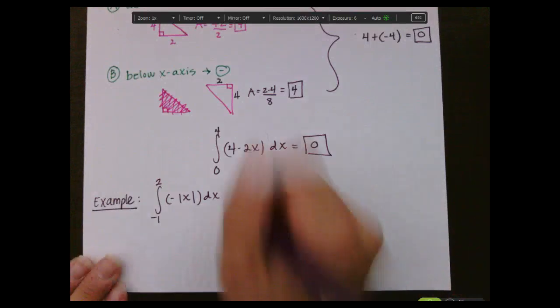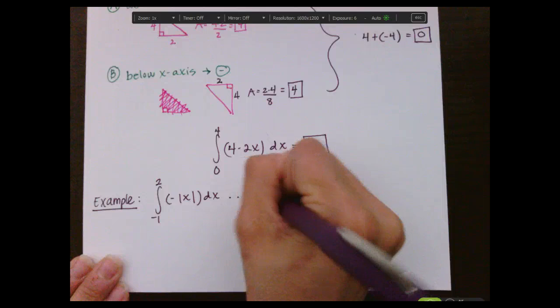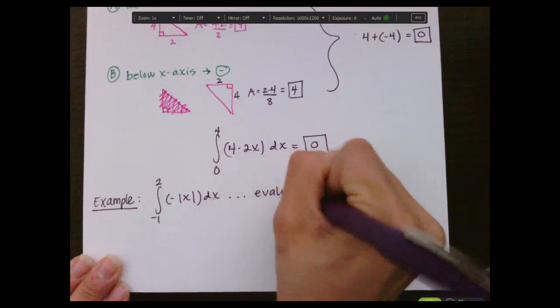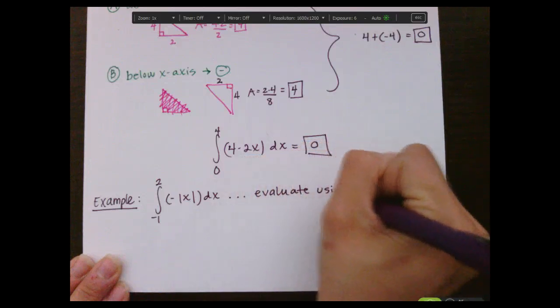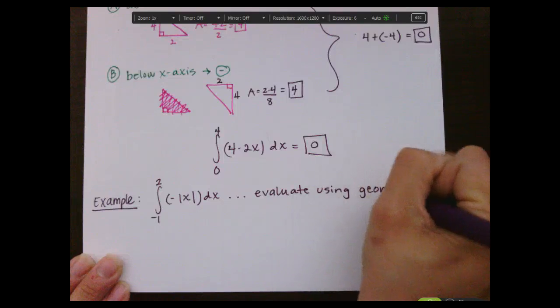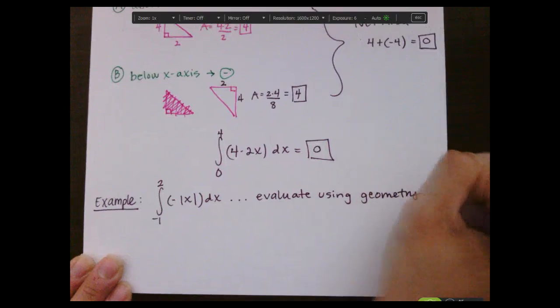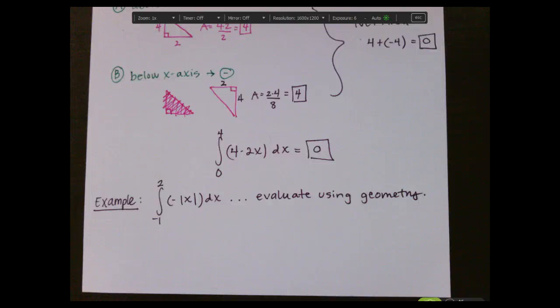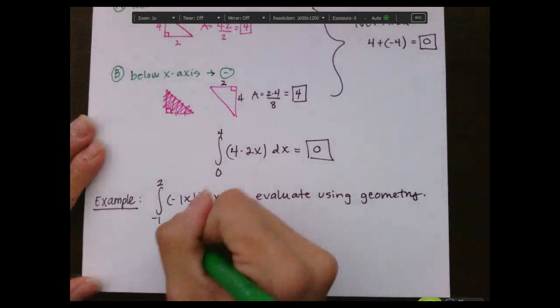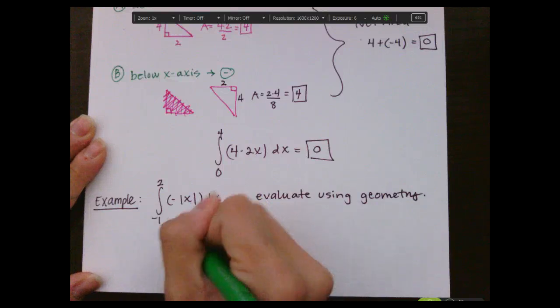So we want to evaluate using geometry. So let's get a graph. When you're talking about using geometry, you need to have that graph.